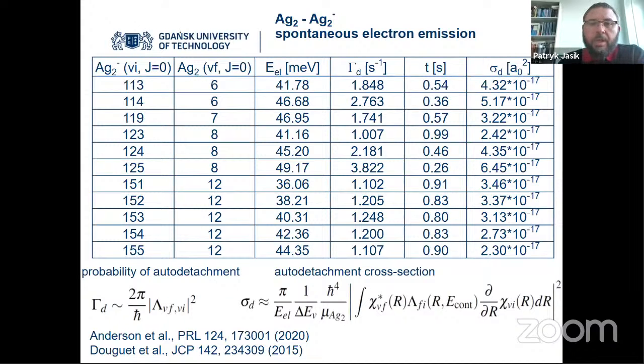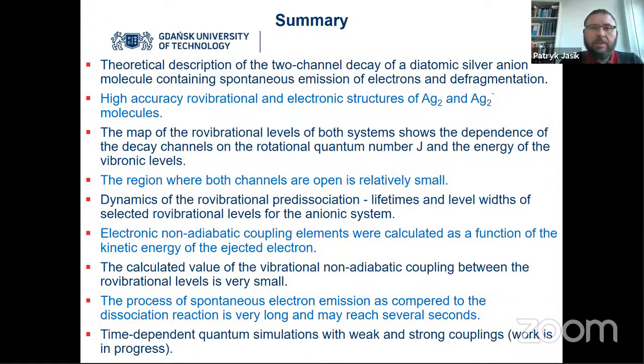So, to summarize, we calculated potentials. We obtained very high accuracy ro-vibrational and electronic structure. We were able to map the ro-vibrational levels of both systems and show regions in which two channels are open, or only one channel is open, and the region where two channels are open is really small.